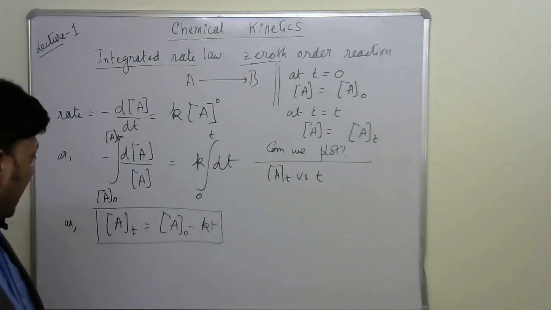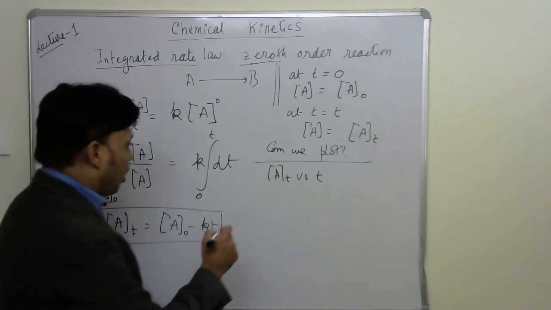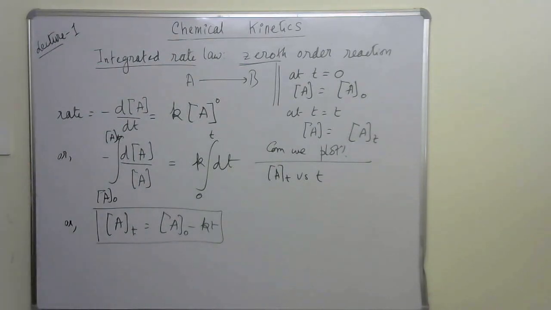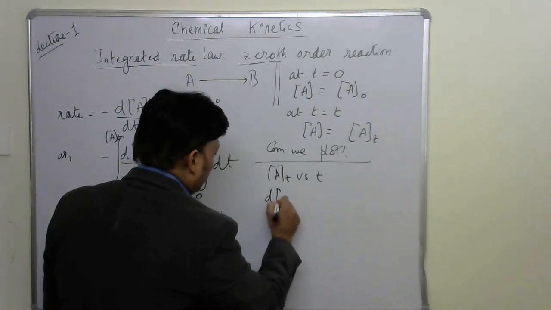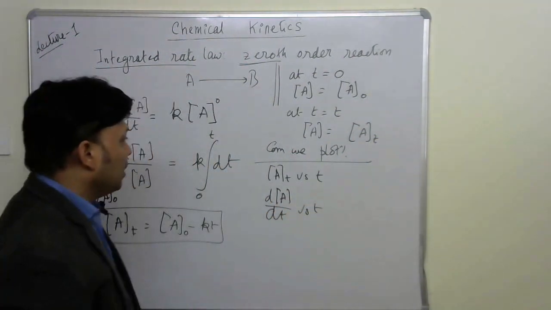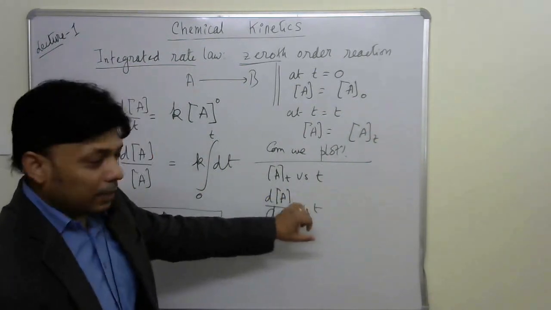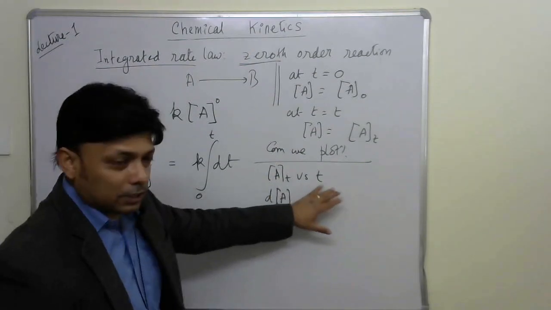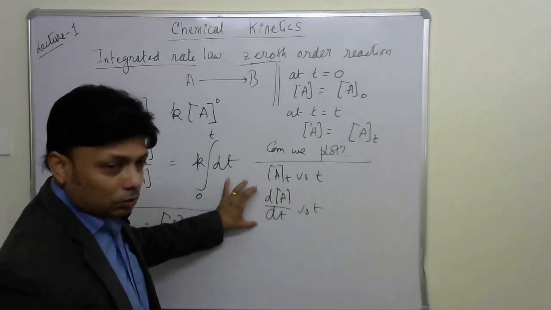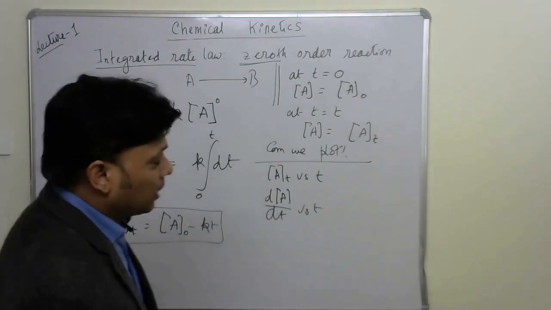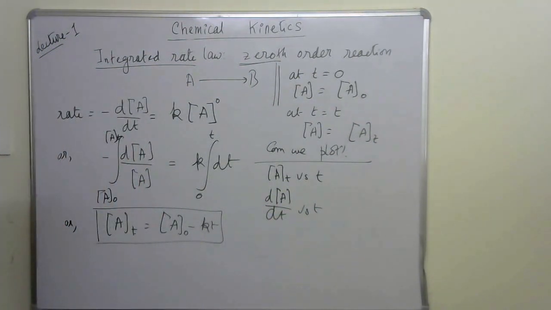And not only that, what would be the plot of the rate of change of the reaction, dA/dt versus t? So that means we have to plot two things: the concentration of A at any time t versus time, or the rate of the equation itself versus the time t.